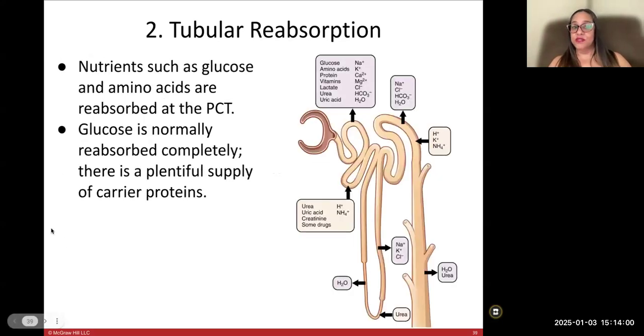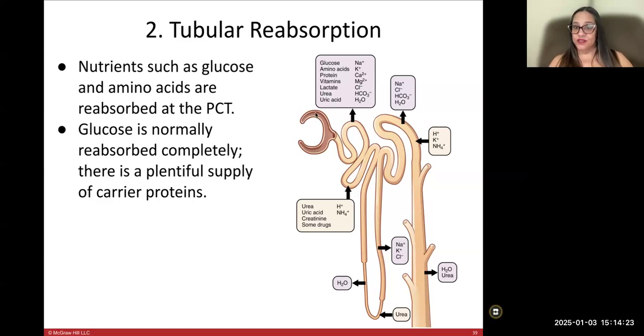And nutrients such as glucose and amino acids are reabsorbed at the PCT. Glucose is normally reabsorbed completely. There is a plentiful supply of carrier proteins that will carry the glucose. And then that is a picture of all of the various ions and solutes and where they can cross over.